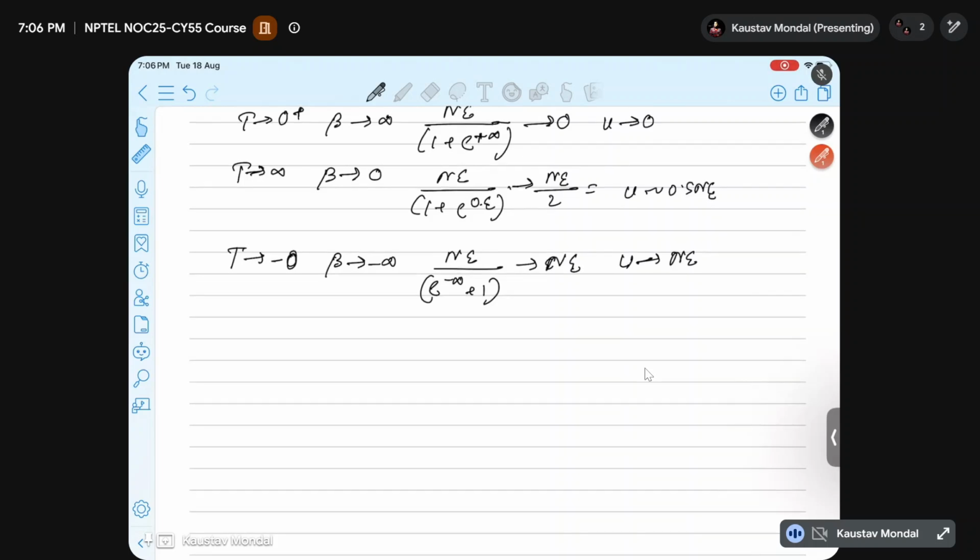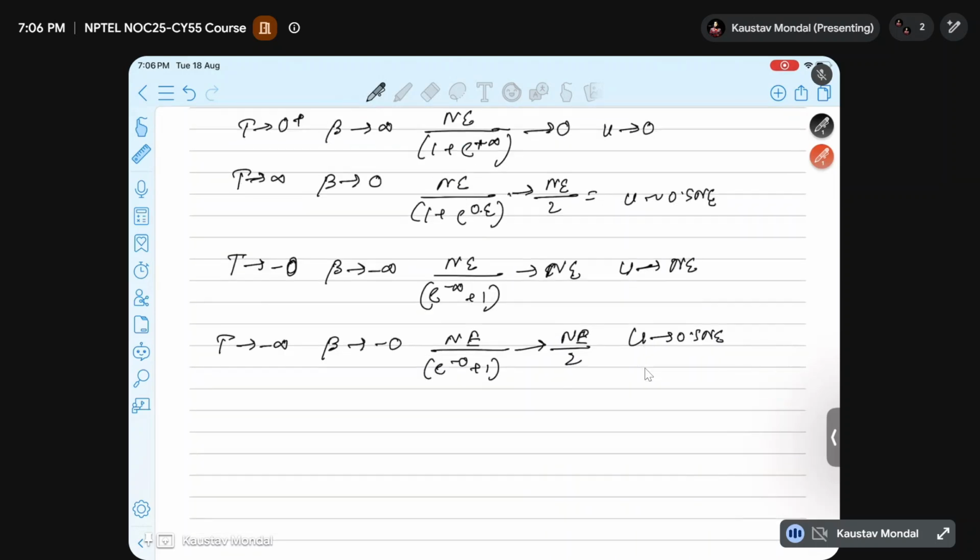Now if T is moving towards minus infinity, in that case beta moves towards minus 0, and the internal energy would be Ne over e to the power minus 0 plus 1, where e to the power 0 is 1, so Ne by 2, so u will become 0.5 Ne.